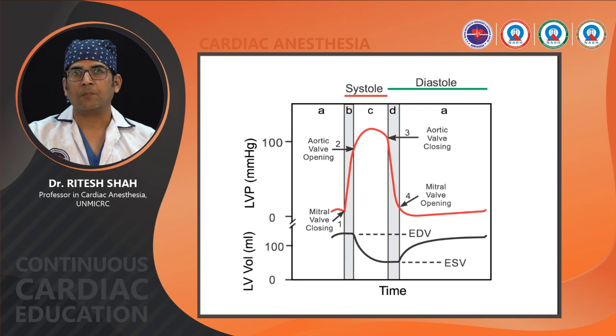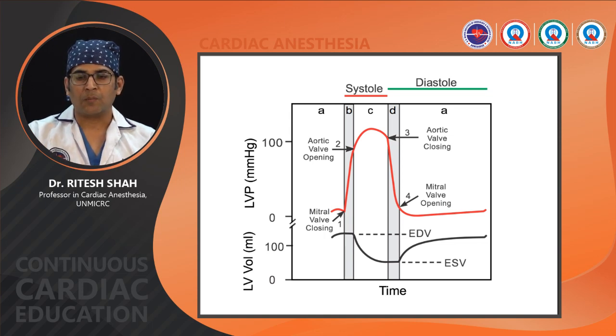After the mitral valve opens, the LV fills initially with a rapid filling phase, and later 15 to 20% of LV filling occurs at the later part of diastole by atrial kick. Phase B is isovolumic contraction time, phase C is ejection time, and phase D is isovolumic relaxation time, and the cycle goes on continuously like this.